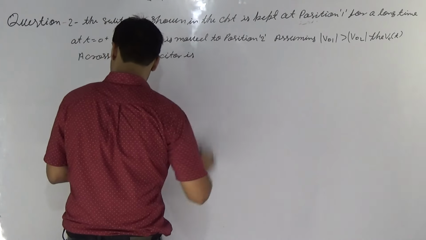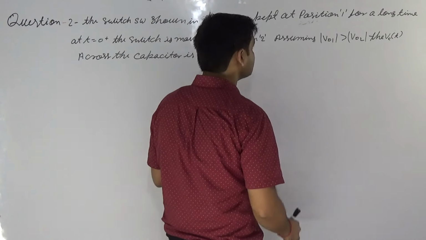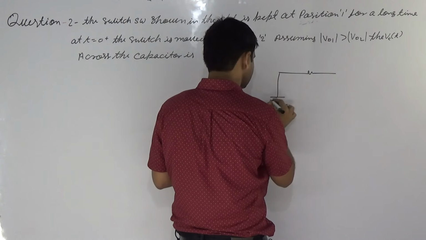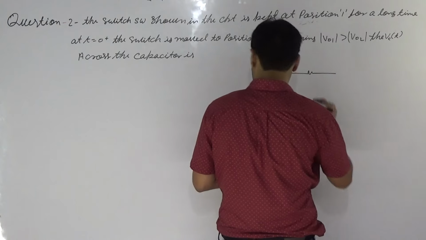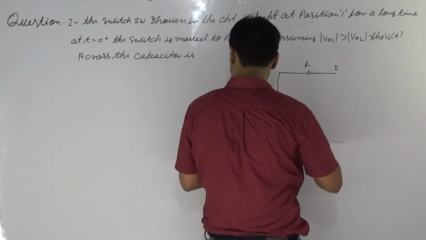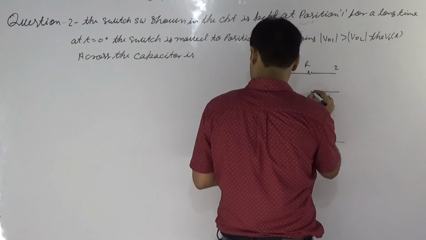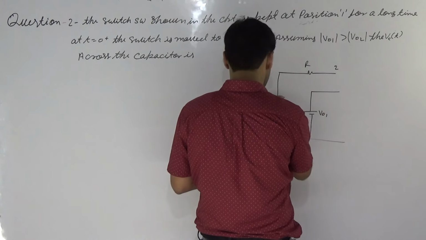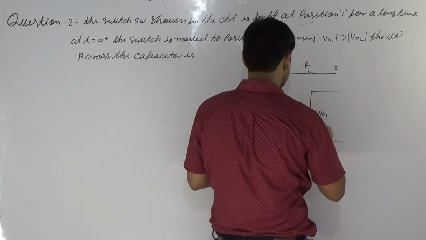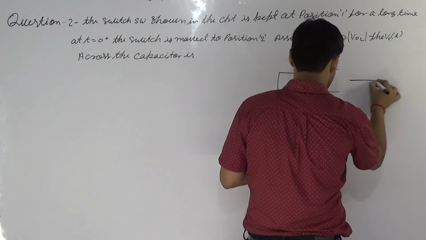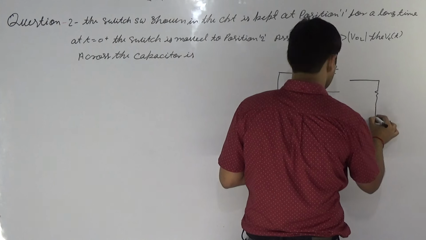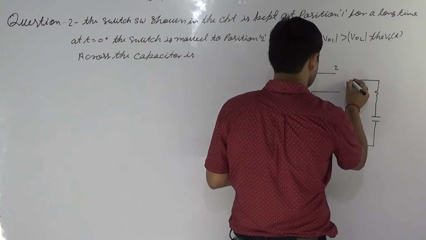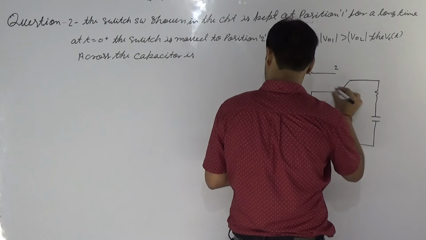First, draw the circuit. It looks like this one. This is R, position 2, V01, this is V02, this is the resistance, this is the capacitance, this is 1.